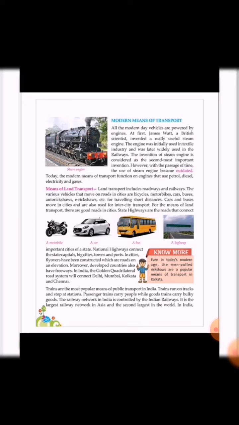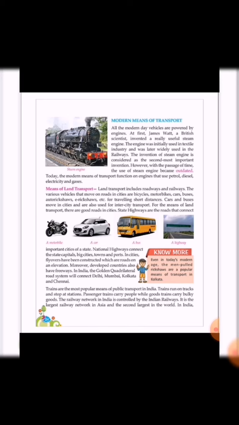In cities, flyovers have been constructed, which are roads on an elevation. Moreover, developed countries also have freeways. In India, the Golden Quadrilateral Road System will connect Delhi, Mumbai, Kolkata, and Chennai. Trains are the most popular means of public transport in India.